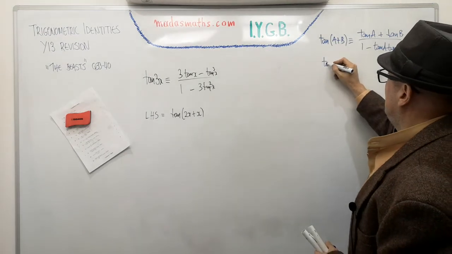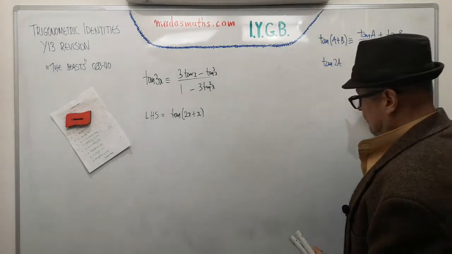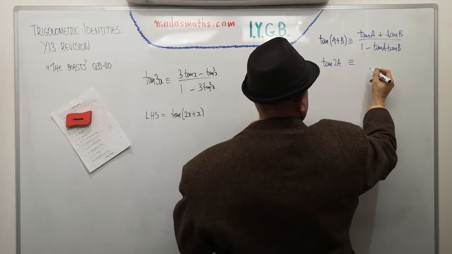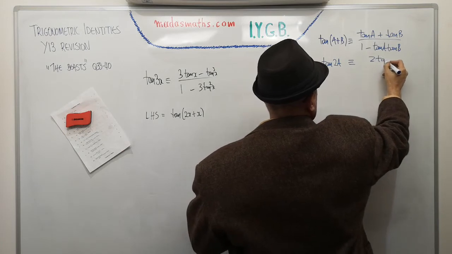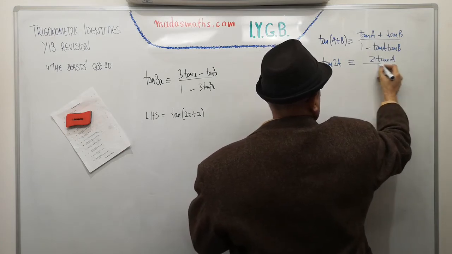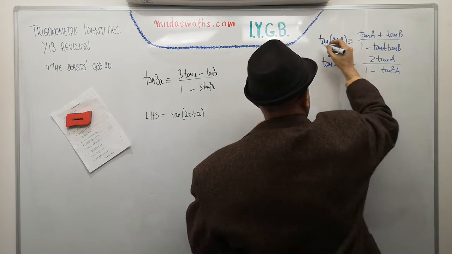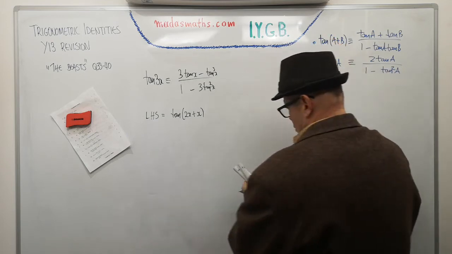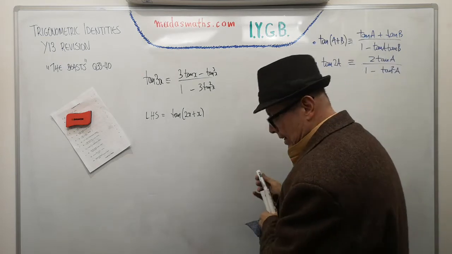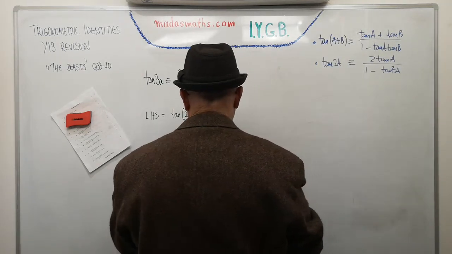So the tan of 2A is identically equal to 2 tan A over 1 minus tan squared A. We're going to need these identities within the proof, so I'm writing them up there so it's easier to follow.